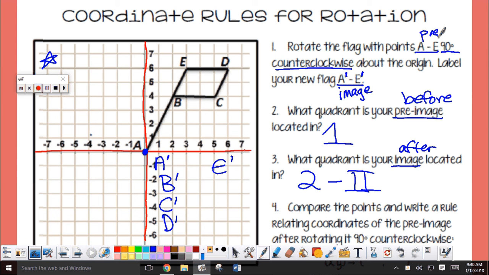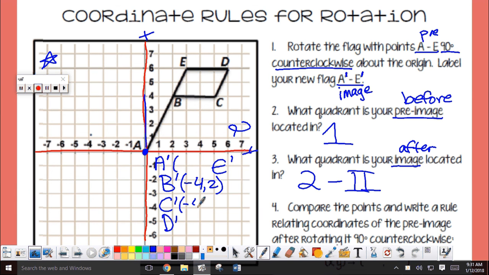Okay? So where does it look like B prime is located now? Well, now it looks like this is quadrant 2, right? On its side, if these are the x values now, and these are the y values, well then this looks like it's at -4, +2. Okay? What about letter C? Where does it look like letter C is at?